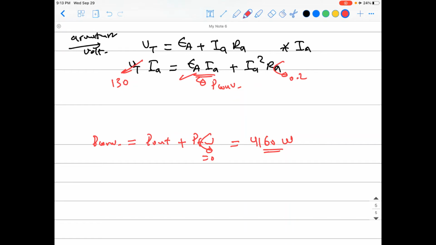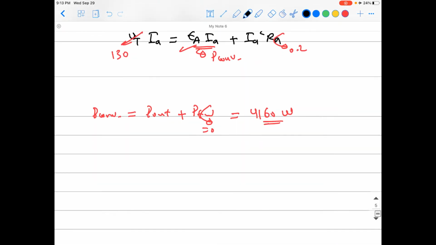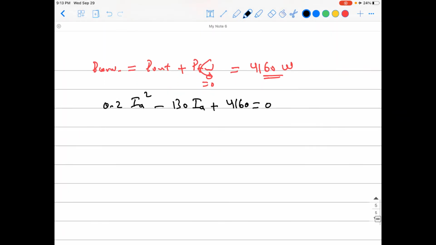Okay? It's a quadratic relationship in terms of the armature current. It will be 0.2 I armature squared minus 130 IA plus 4160 equals 0. And you just can solve this equation. As a quadratic relationship, it will give you two values for IA.